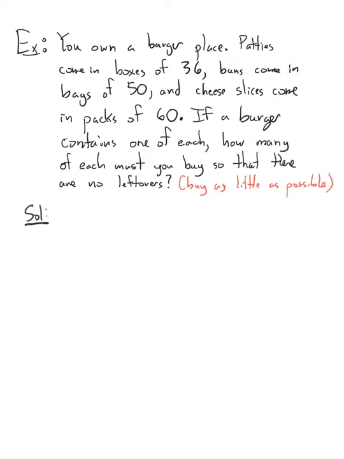So we want a common multiple of 36, 50, and 60 so that we use all of our patties, all of our buns, and all of our cheese slices. And of course we want to buy as little as possible, so we're looking for the least common multiple. So we need to find the least common multiple of 36, 50, and 60.